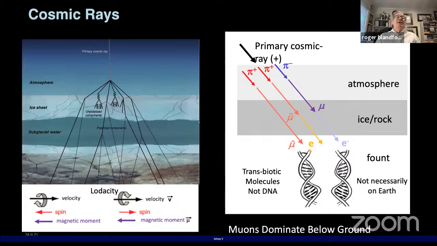In the language of the physicists, there's a pseudo scalar quantity, which is the combination of the spin and the velocity, which physicists normally call the helicity in this context, or sometimes they use the word chirality. There is a difference between the two, but that doesn't have to concern us here. Or there's a quantity that is actually important for this application, which we've coined the word lodacity for, after lodestone and so on, and that's a direct product of the magnetic moment with the velocity, and of course the magnetic moment is not the same as the spin.